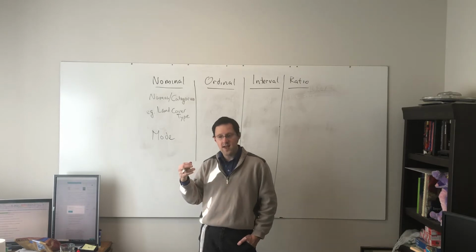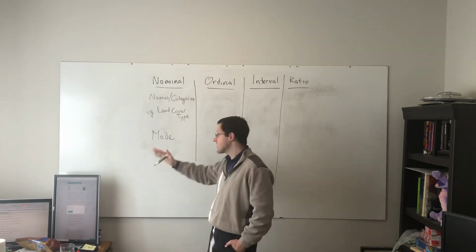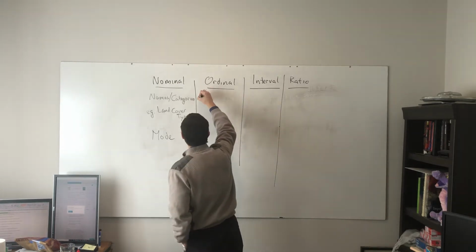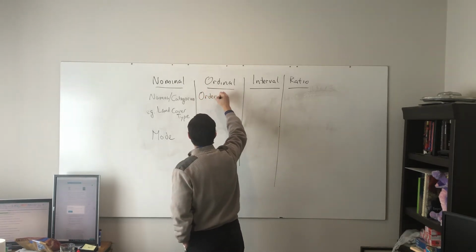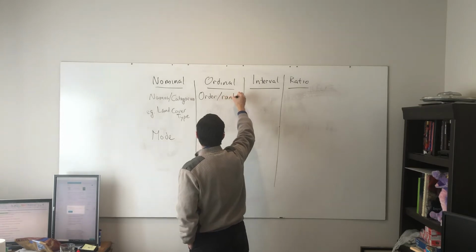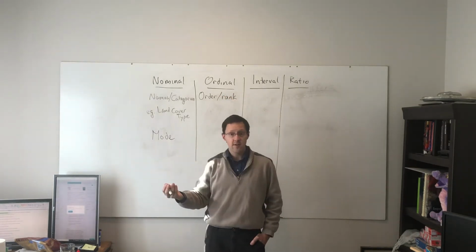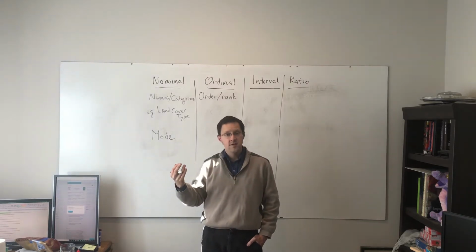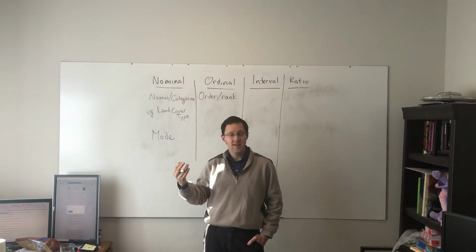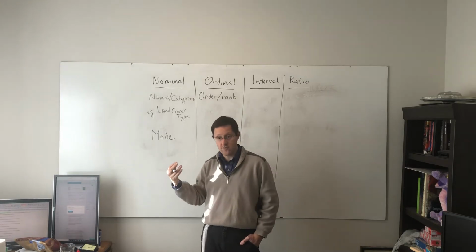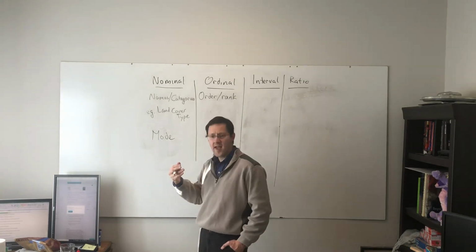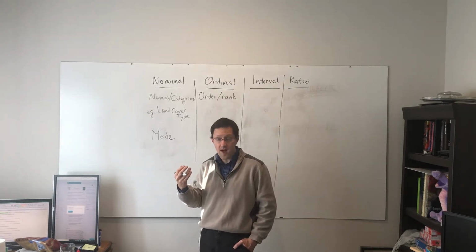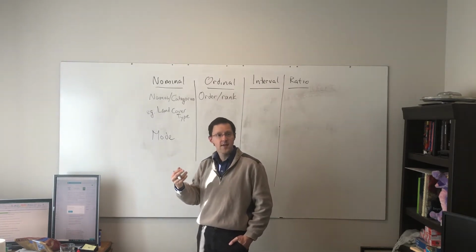Where we can move beyond that goes into the next category, ordinal. In ordinal data, there is an order. There are ranks, but that is basically as far as it goes. An ordinal scale that you've worked with a lot probably by now is the SEI scale.